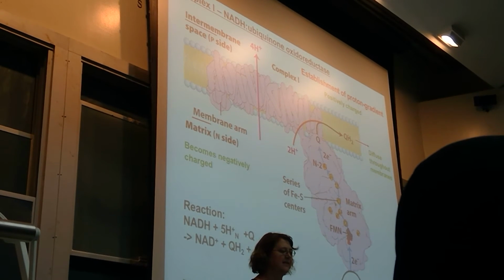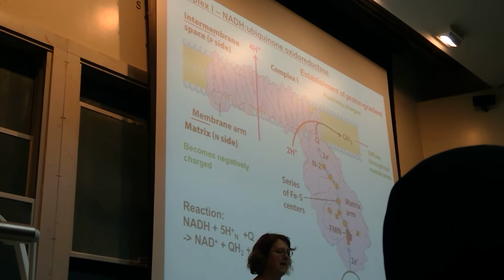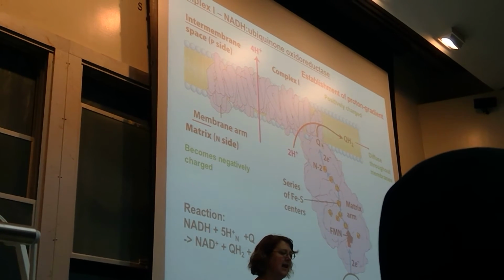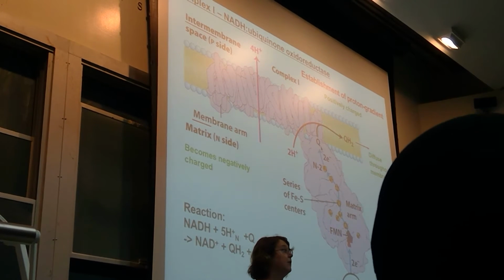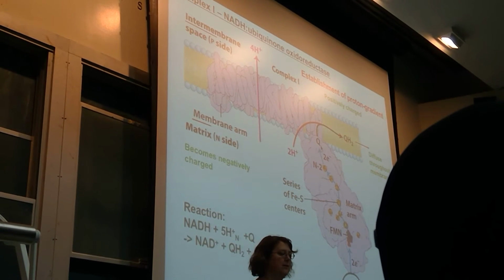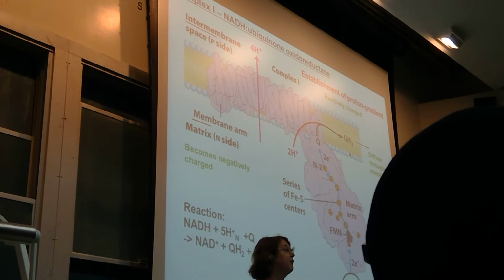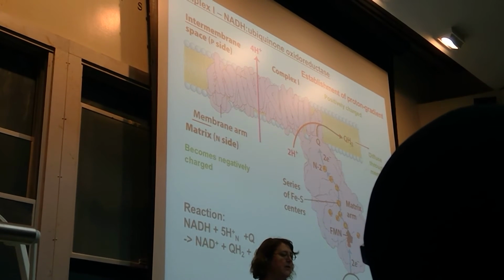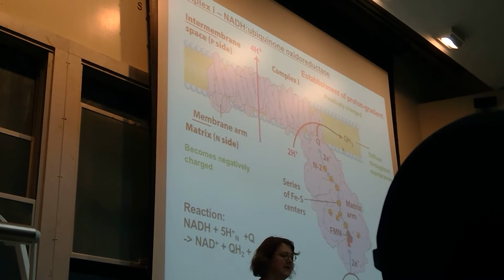Then it goes through a series of iron sulfur centers in the complex, and then it keeps going, and finally comes to transfer to the Q, which is ubiquinone. And in this case, you're getting 2 electrons, so you're forming QH2. That can then go into the membrane and be diffused through the membrane to go to the next site.